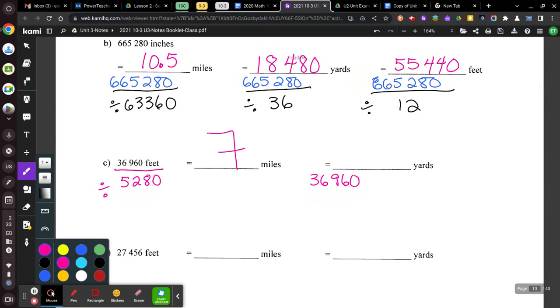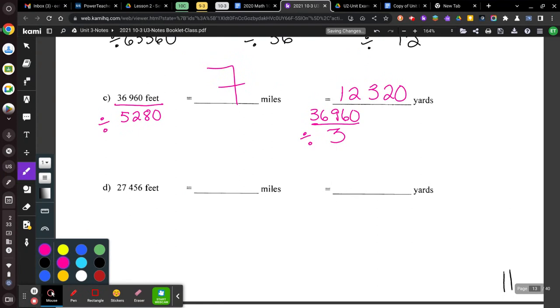All right. Take the next one. And now this time we are dividing by 3, because feet to yards, we find 1 foot. Feet to yards is 3. We're moving down. The number is 3. That's going to give us 12,320 yards.